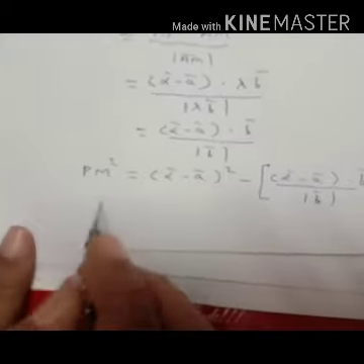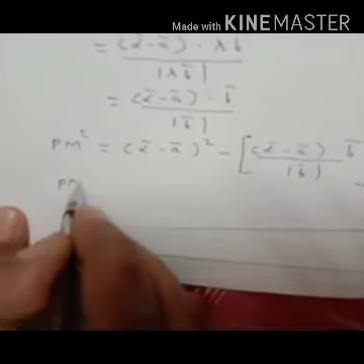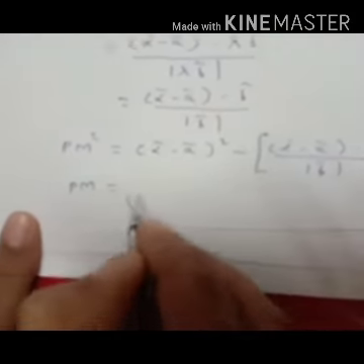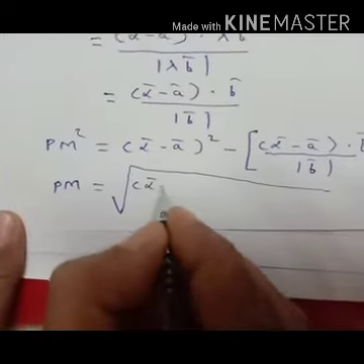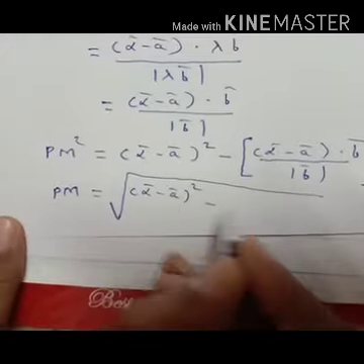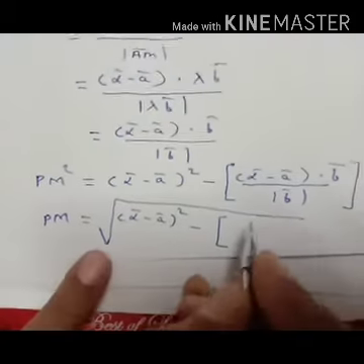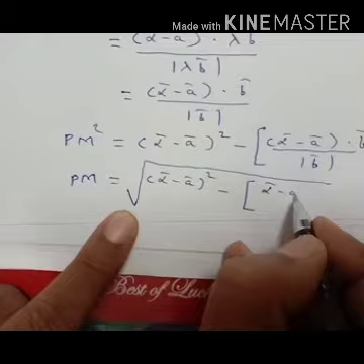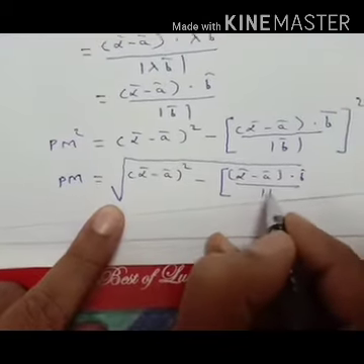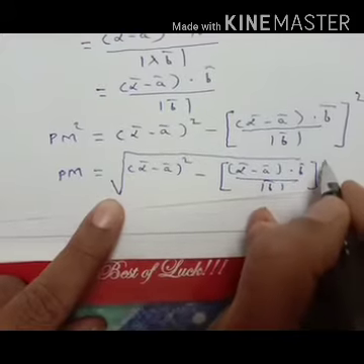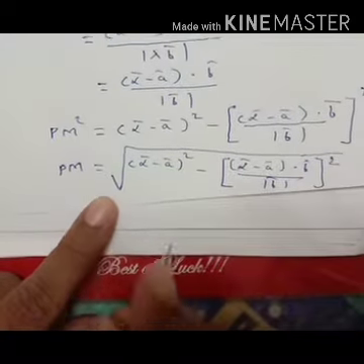Now this is PM square and we want length PM, so take the square root of the right hand side under the radical sign: alpha bar minus A bar whole square minus, in brackets, alpha bar minus A bar dot B bar divided by magnitude of B bar, square.